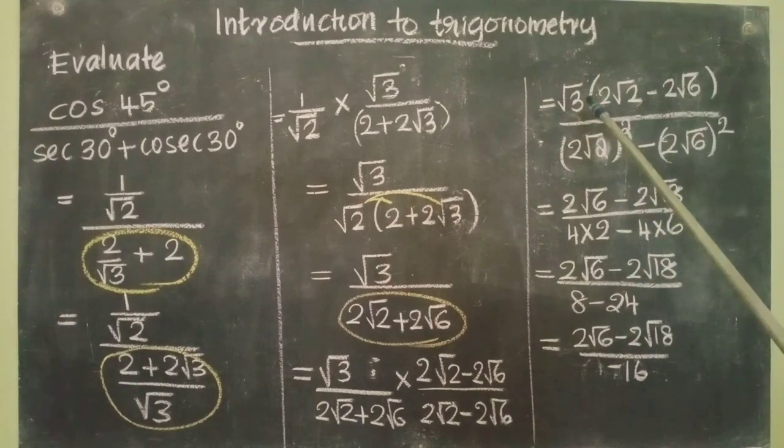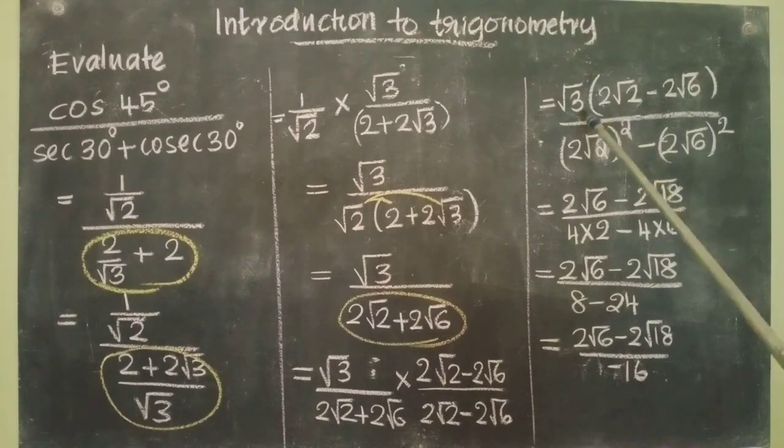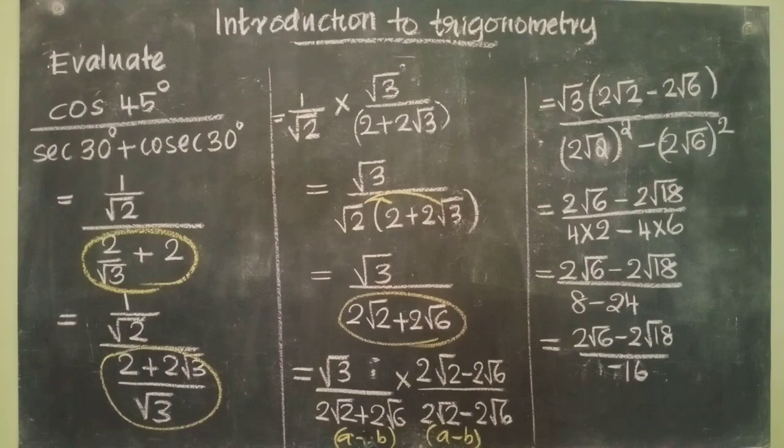That is equal to the numerator root 3 into (2 root 2 minus 2 root 6). The denominator is of the form (a plus b) into (a minus b). We know (a plus b) into (a minus b) equals a square minus b square.